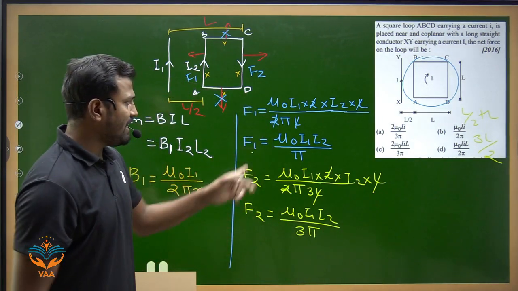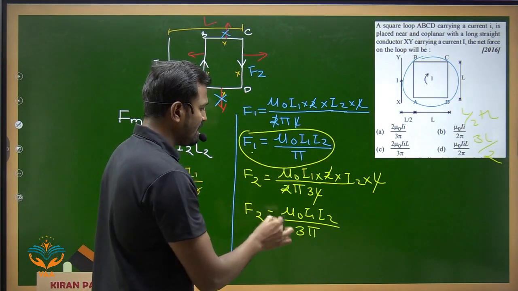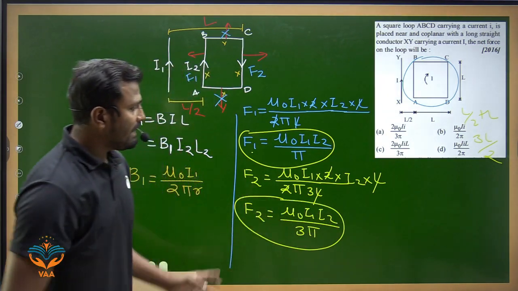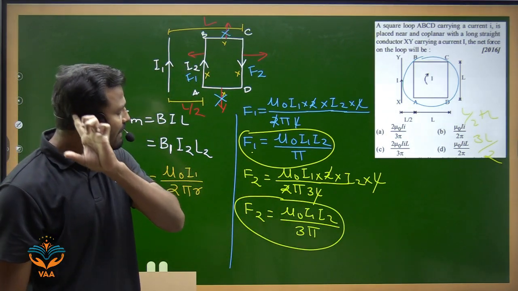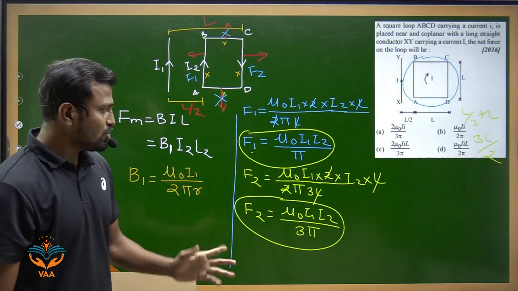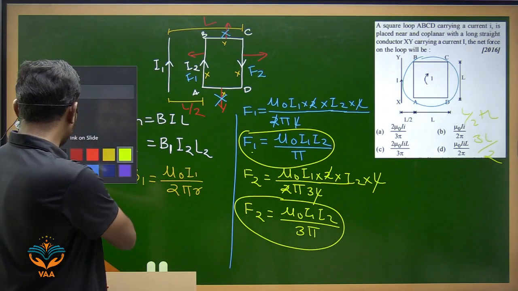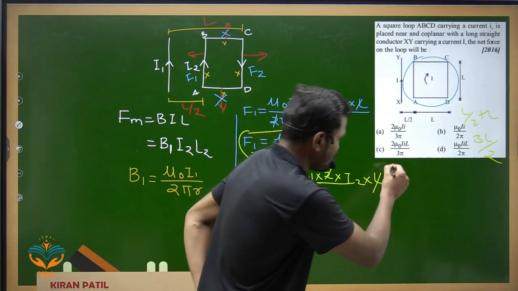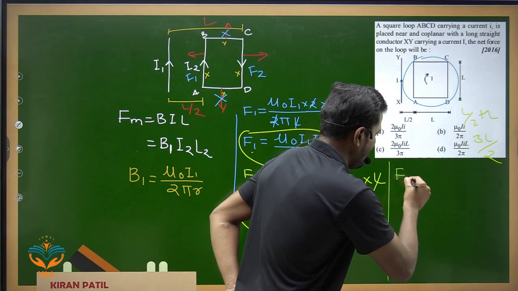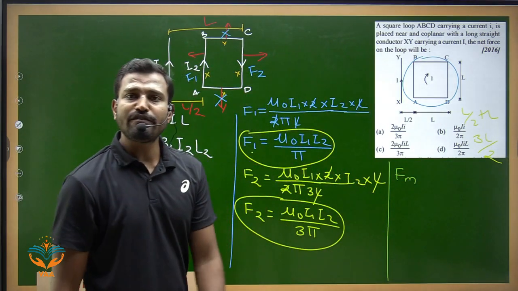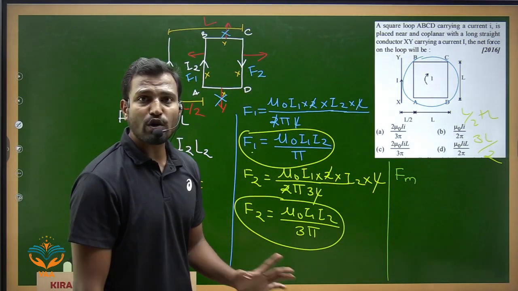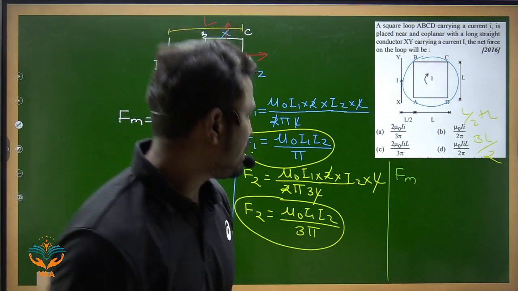So I have the value of F1 and I have the value of F2. By subtracting them, I am going to get the value of the resultant force. So let us simplify that also. Fm, the resultant force on the loop, is equal to, are you able to see that pen? Yes, you are able to see.